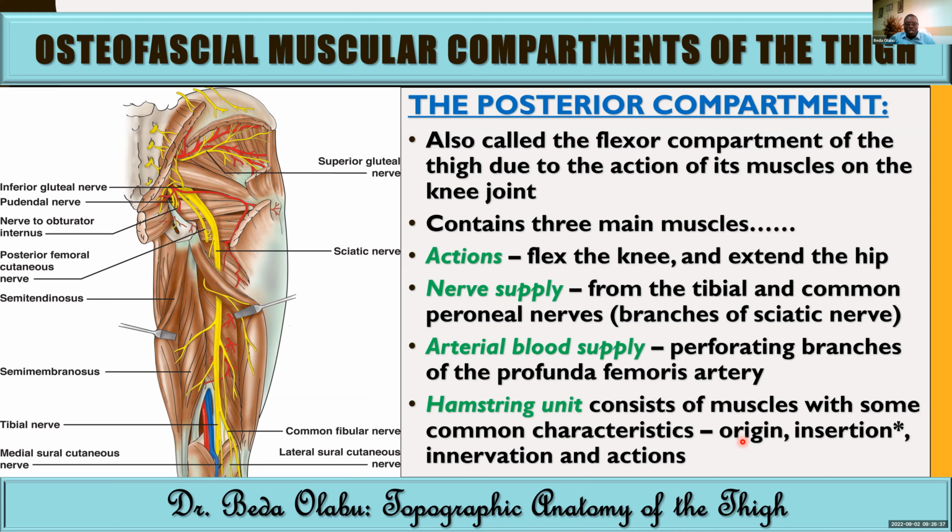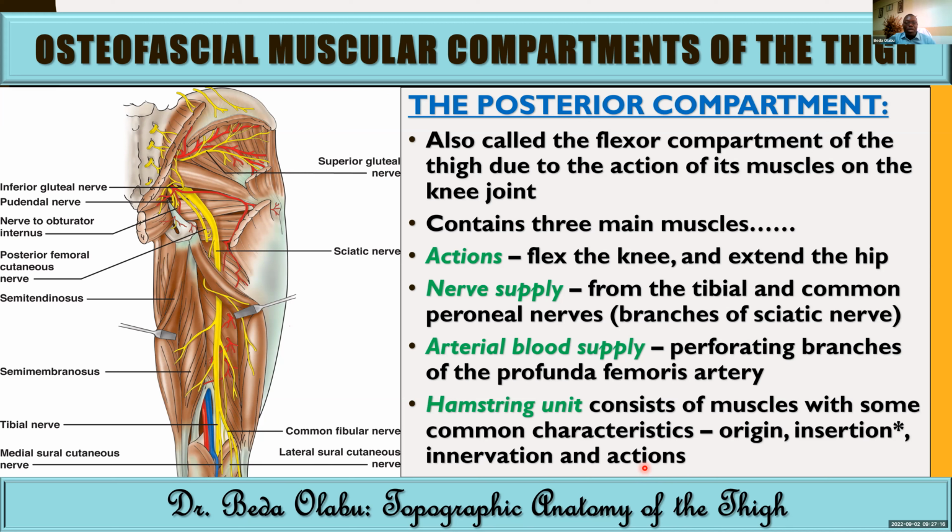Also, the short head of the biceps femoris is innervated by the common peroneal nerve. It is not innervated by the tibial division of the sciatic nerve, but by the common peroneal division of the sciatic nerve. And for that reason, the short head of biceps femoris cannot extend the hip. Yes, it will flex the knee, but it cannot extend the hip. And so the short head of biceps femoris is not part of the hamstring unit.